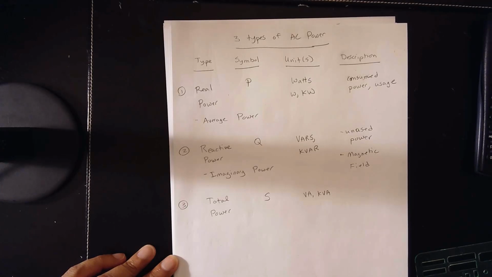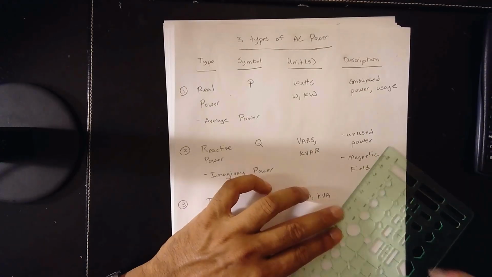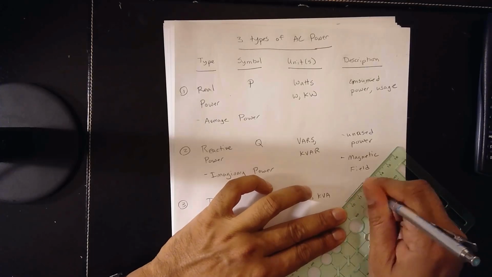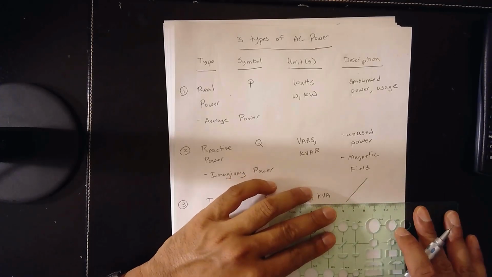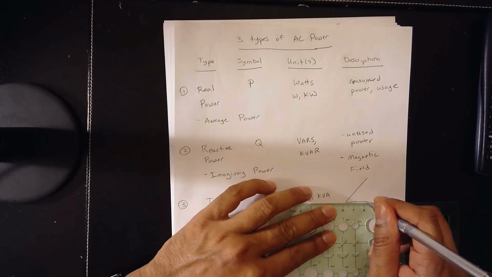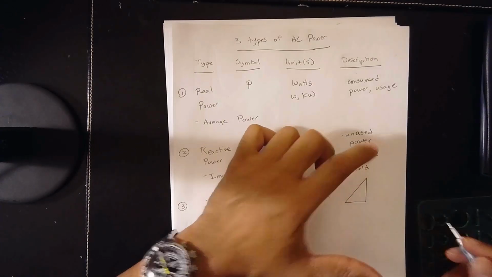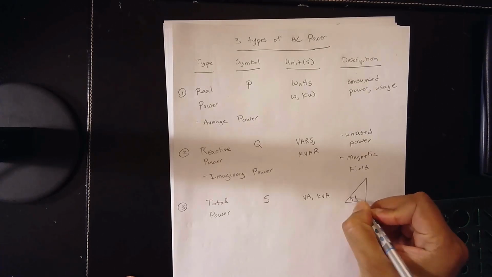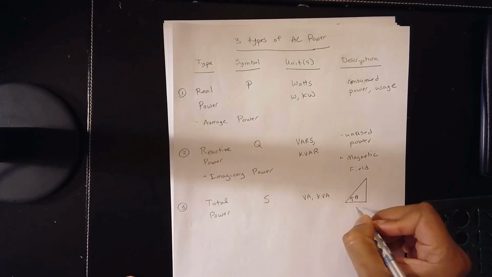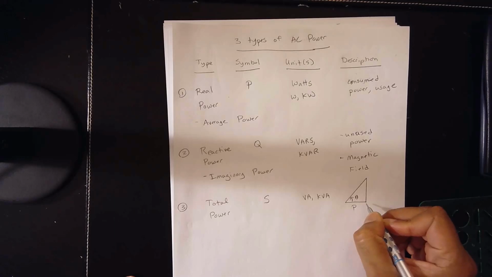Now, the description of this is a total, but it's not like you add them. You really can't add them together, right? So it's really designed for this. You have what you call a triangle, and this triangle has an angle. Your real power runs along the x-axis.